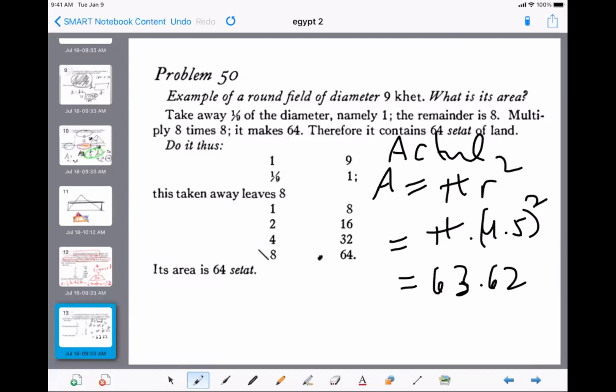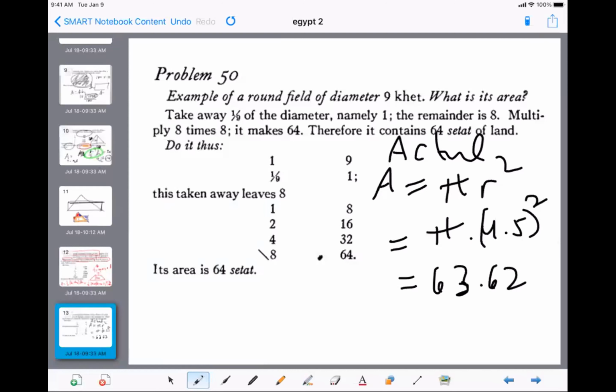But for thousands of years before Archimedes nails down pi as approximately 22/7, other cultures did questions where they approximated the area and the perimeter of circles.